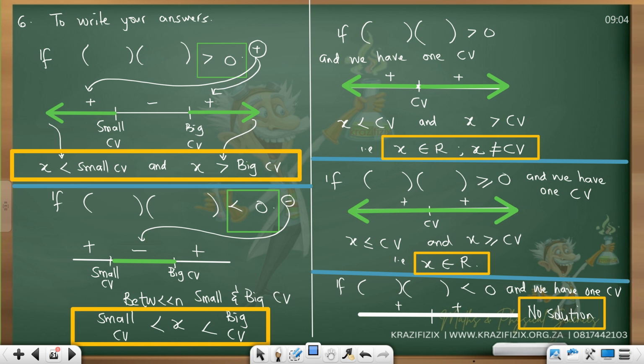We have one more point and then we're good. Just one more. Let's give 30 seconds for everyone to catch up. With this, you'll be able to do any inequality question. Just any.